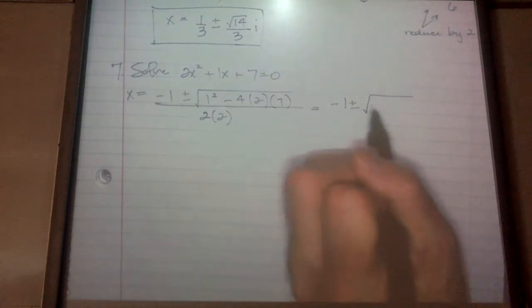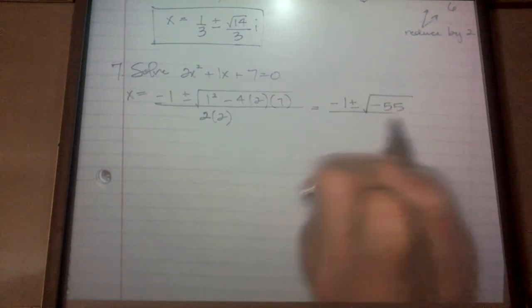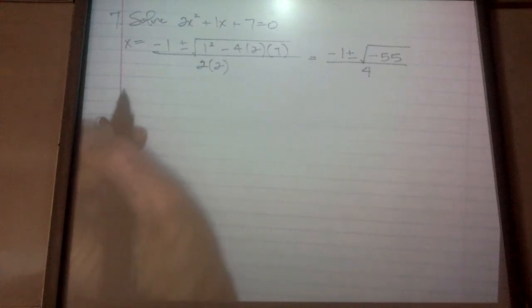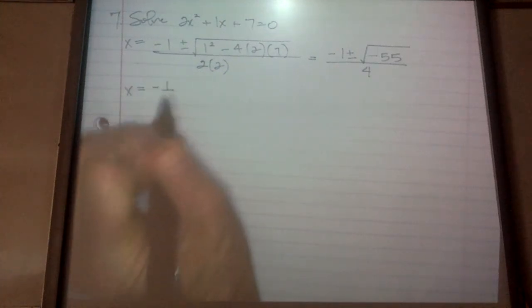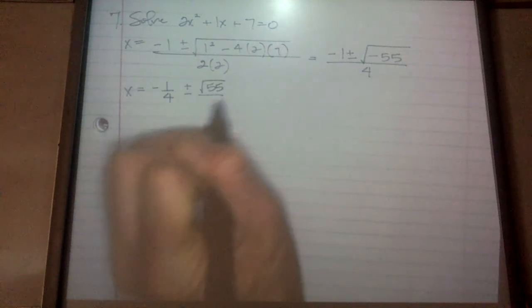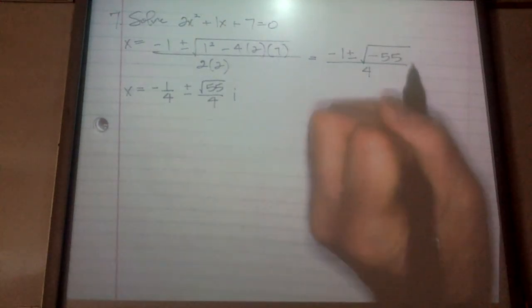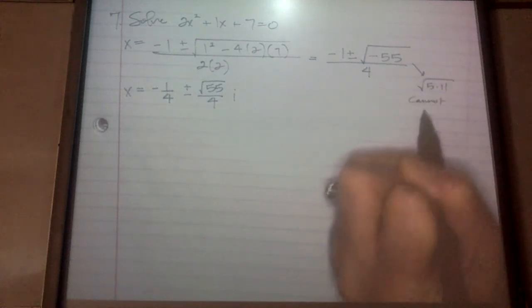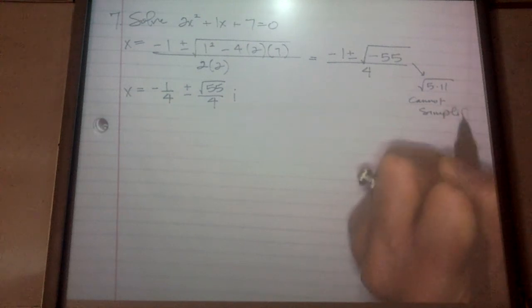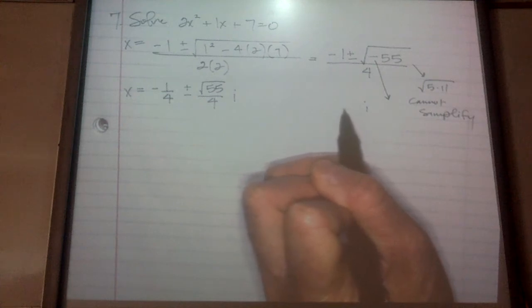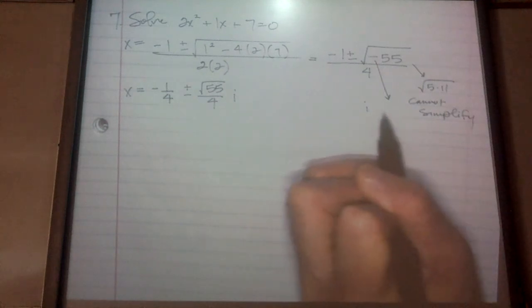I got negative 55 all over 4. Okay. So from here, that gives me x equals negative 1/4 plus or minus the square root of 55 over 4i. 55 is just 5 times 11, and I cannot simplify. But the negative gives me i.